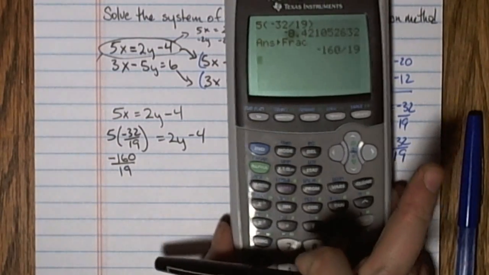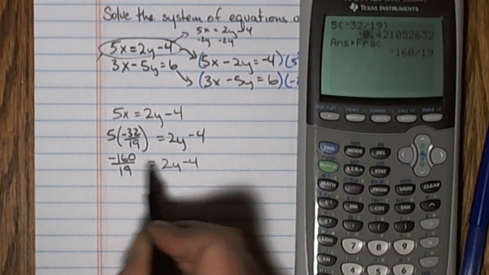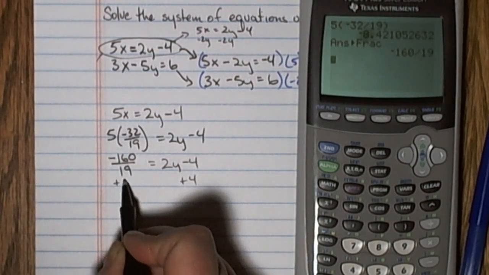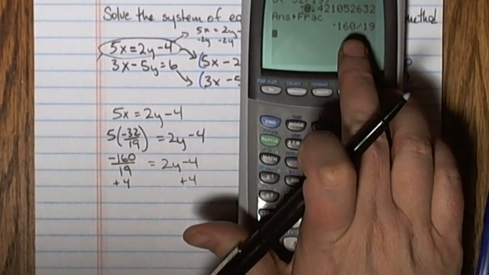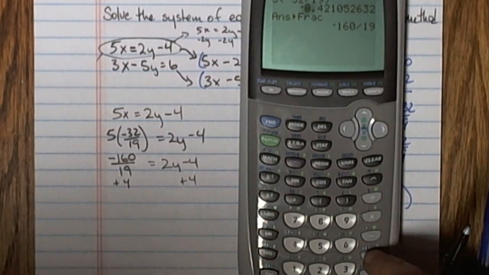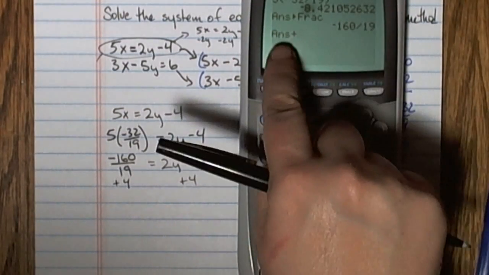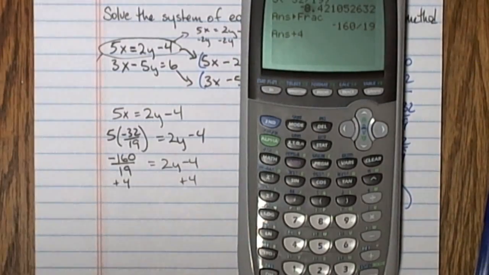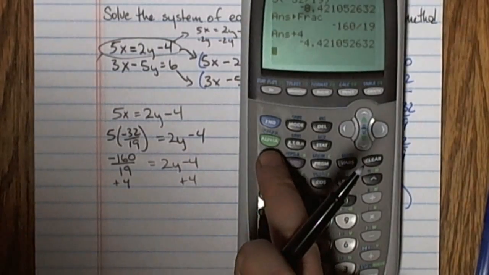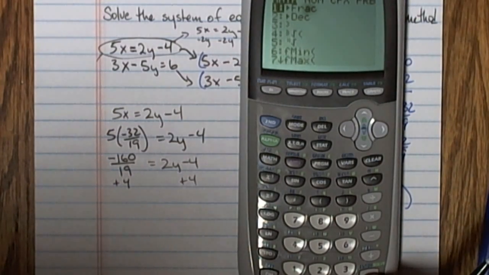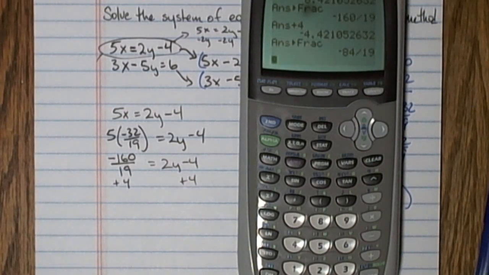On the right-hand side of my equation, I still have equals 2y minus 4. So to solve for y, I'd add 4 to both sides. To this answer, since it's the last thing there, all I have to do is push the plus button, and it will say Ans, meaning it's taking that answer and adding 4. Then I hit enter, hit math, and push enter for change to fraction, and I get negative 84/19.